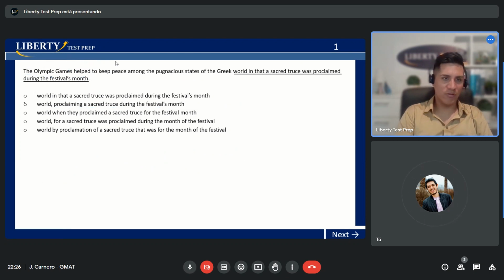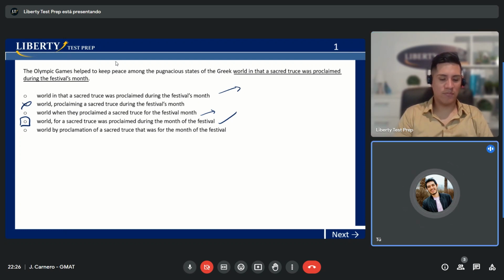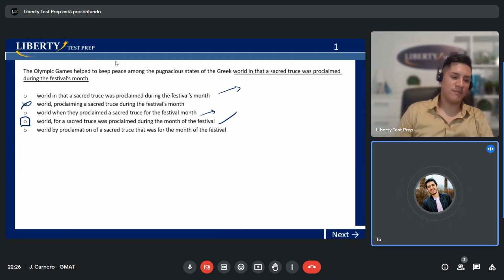Okay. Good, good. Now, by the way, what you chose, D, is fine. That's the answer. Let's see why the other ones are incorrect. A is the hardest one to eliminate. What about C? Or when they proclaim.